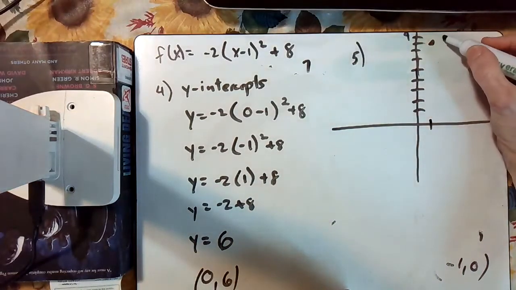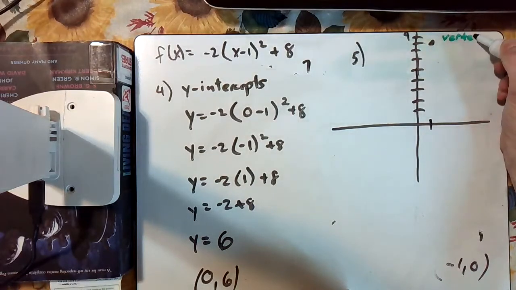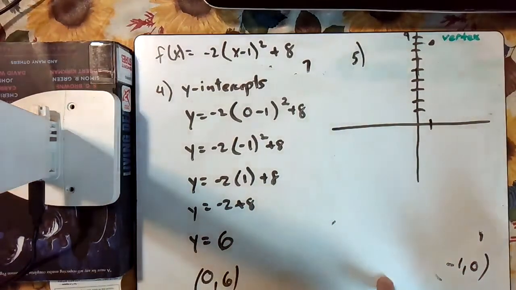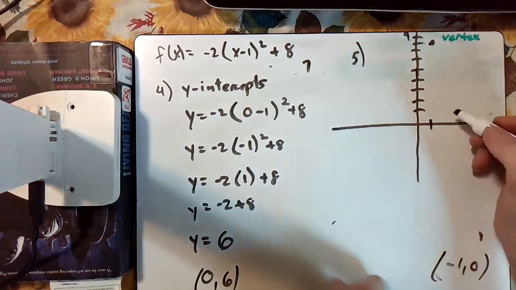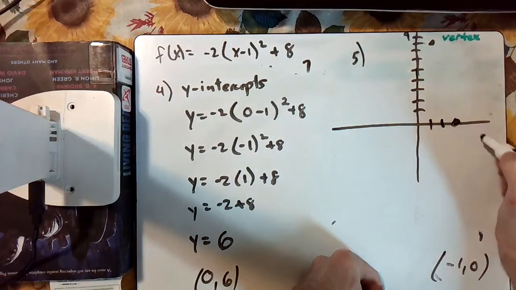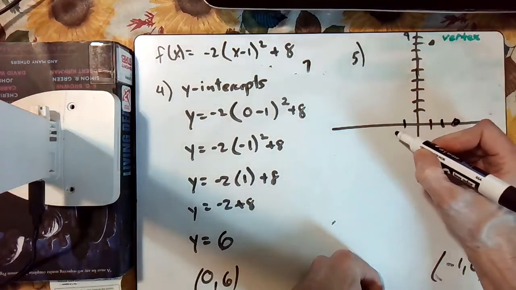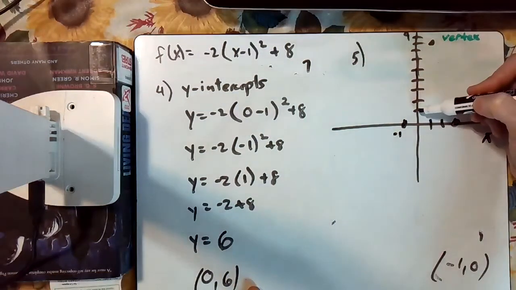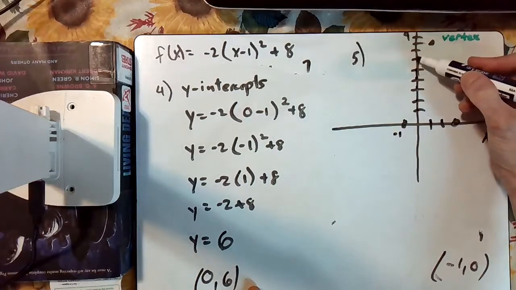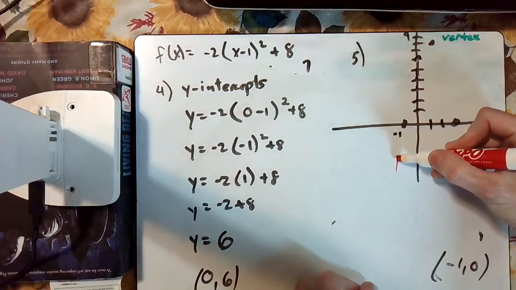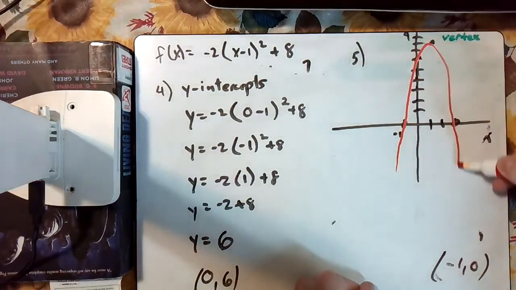And remember, you can always pause this video and rewind and fast forward and all that. And it was opening down, correct? Let's see if our points make sense. So remember, we had 3 comma 0 as an x-intercept. We also had -1 comma 0 as an x-intercept. And then our y-intercept was 0 comma 6. So if we sketch this out, it looks like a nice U that is definitely opening down.